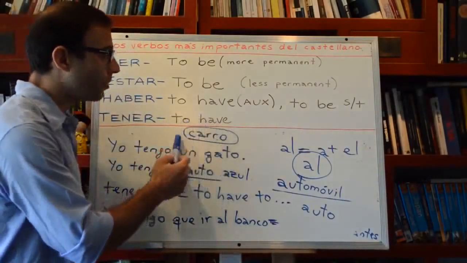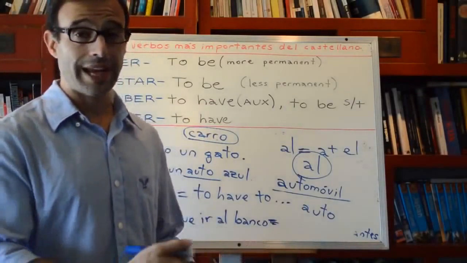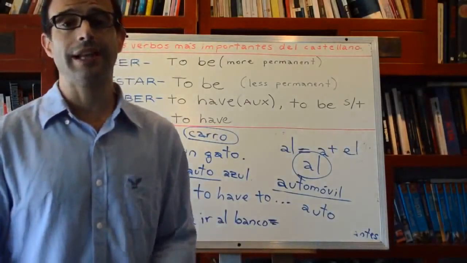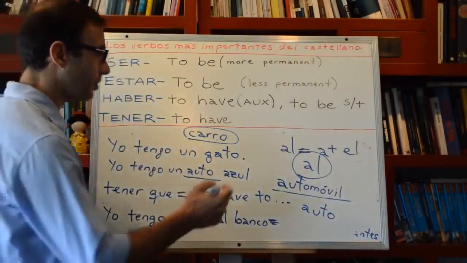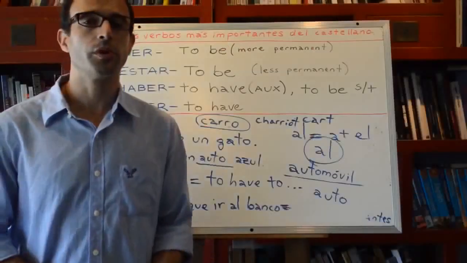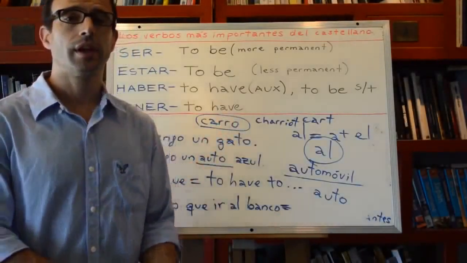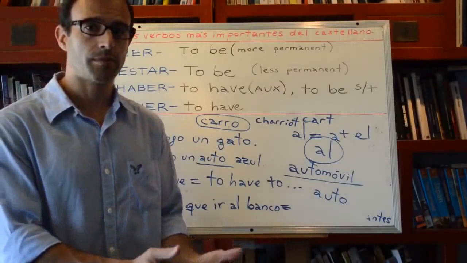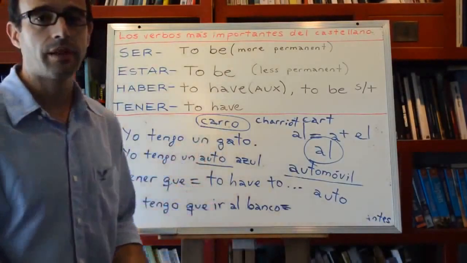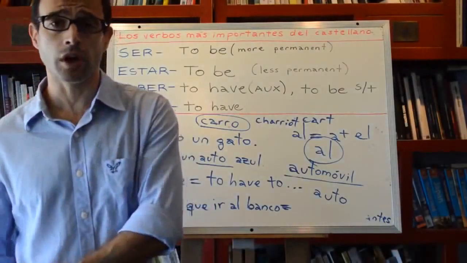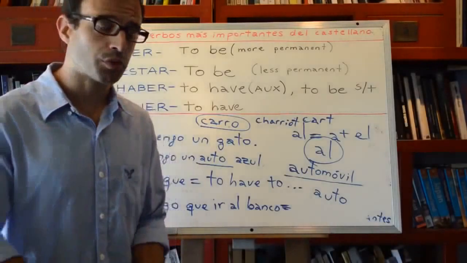However, the word carro is a more ancient word, okay? And literally it means cart or chariot, okay? So the word carro, while correct and chosen in many countries, is a more generic word that can be used for car or cart or chariot, or even used for stroller, okay?